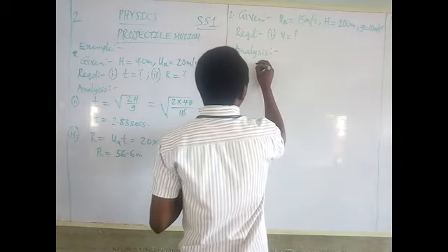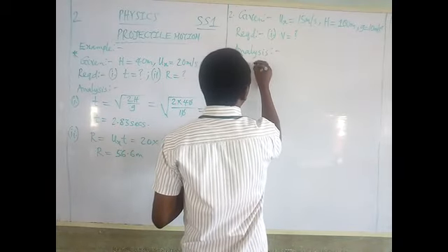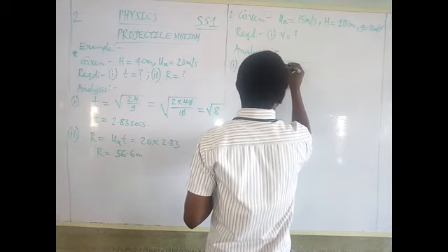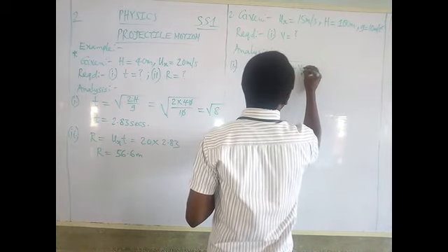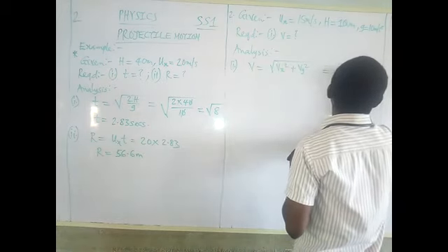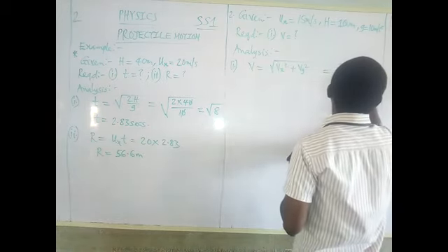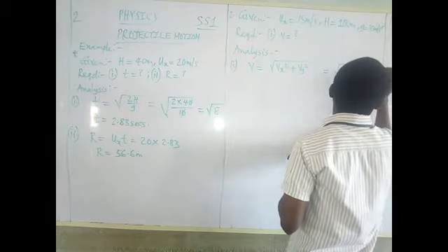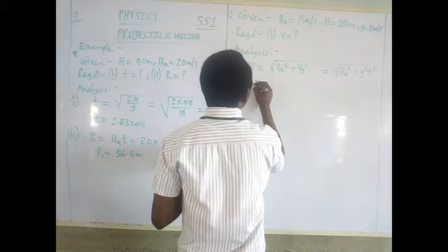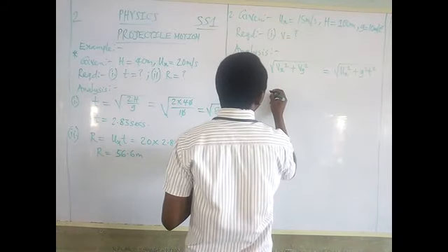Analysis. V is equal to square root of Vx squared plus Vy squared. And I've told us the outcome of this is square root of Ux squared plus G squared T squared. If we look at our given value, we don't know our T yet, but there's a formula that relates T and height together.